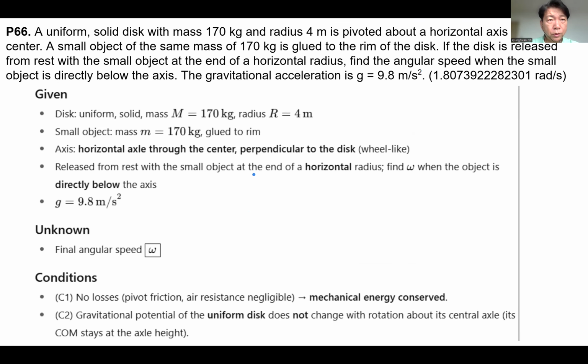So what is happening is a uniform solid disk with a mass of 170 kilograms and radius 4 meters is pivoted around the horizontal axis through its center. A small object of the same mass is glued to the rim of the disk. If the disk is released from rest with the small object at the end of the horizontal radius, find the angular speed when the small object is directly below the axis.